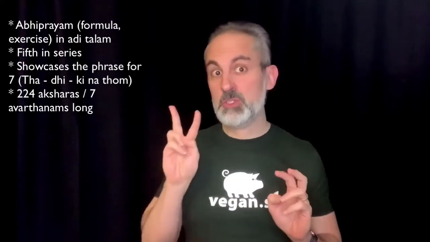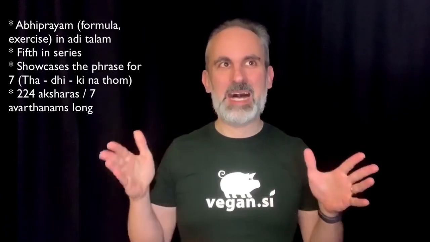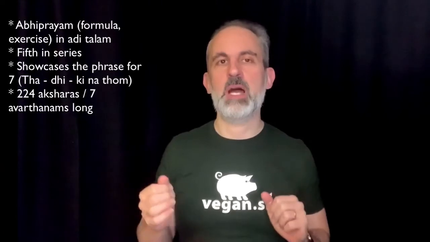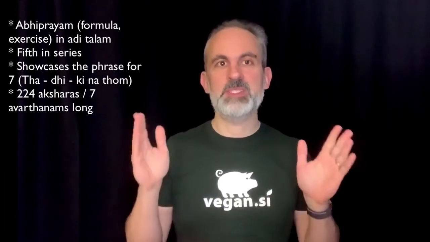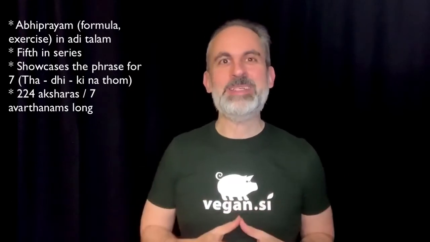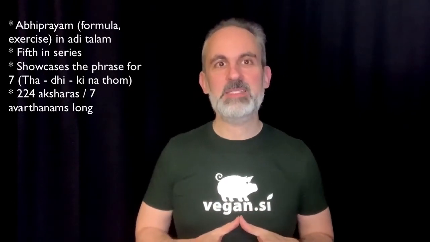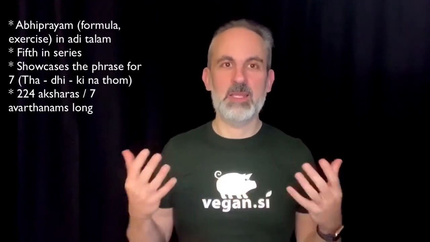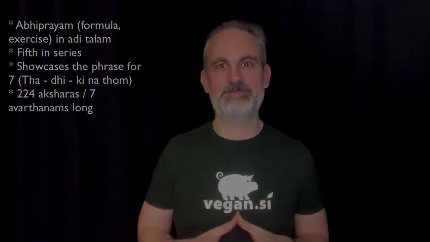So that means that we have two pauses, two gaps as constitutive parts of this phrase. Remember, yesterday we had only one. And as always, this particular exercise spans 7 avartanams, which is interesting because the phrase that we are showcasing is also 7.